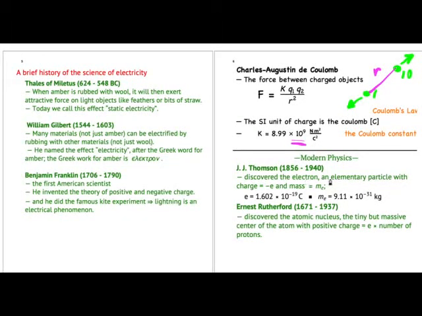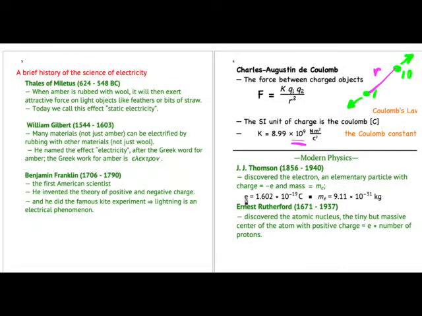What he did was he discovered an elementary particle with charge -e and mass m, and all electrons, all of these charges, he called them corpuscles. Every corpuscle has exactly the same charge, -e, and exactly the same mass, call it m sub e.